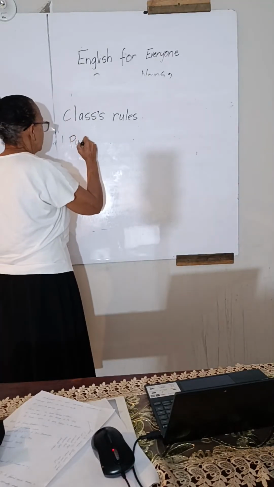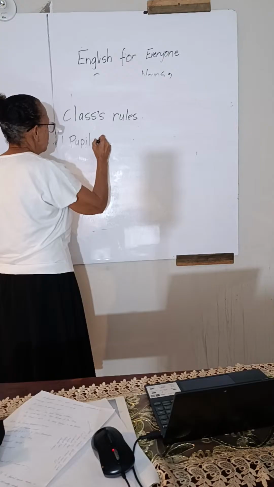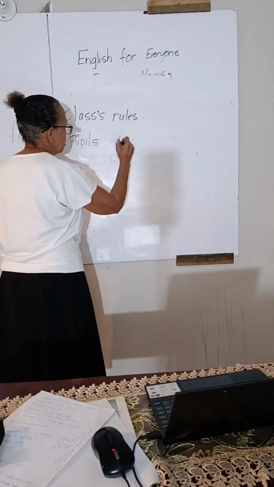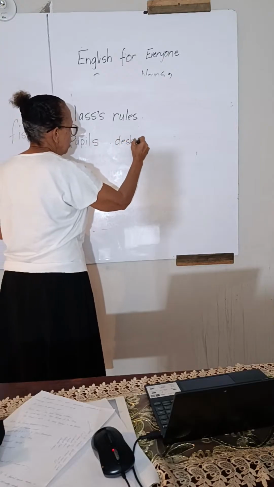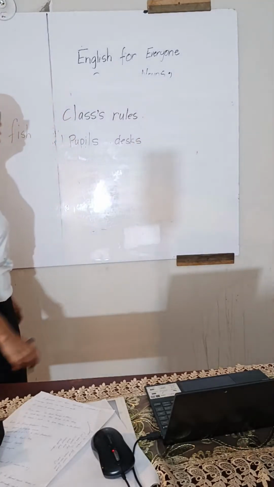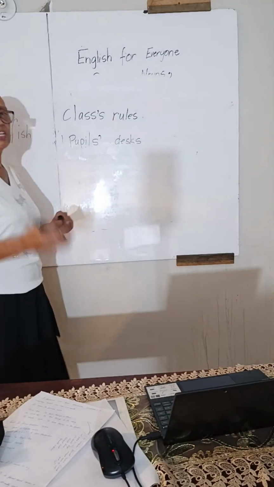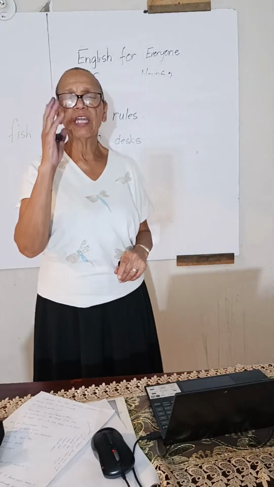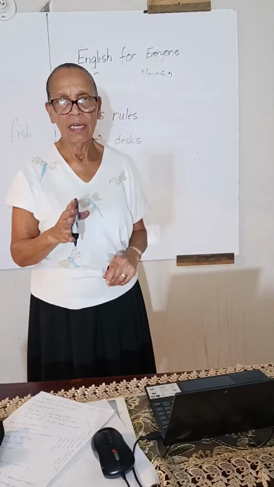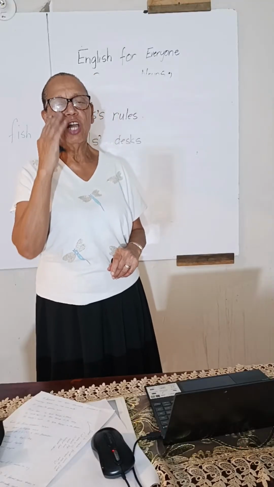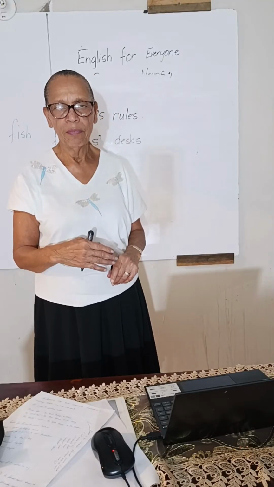Pupils. Desk. The desks belong to the students or pupils. Where would I put the apostrophe? On the outside. If it is plural, it's on the outside. If it is singular, on the inside.